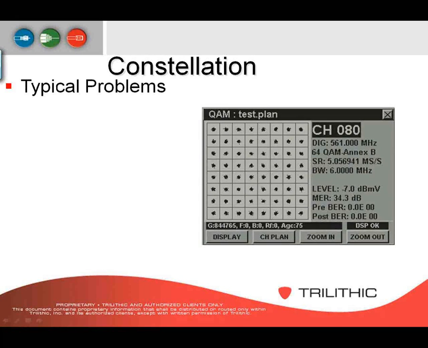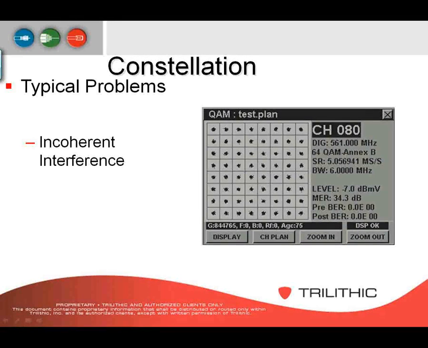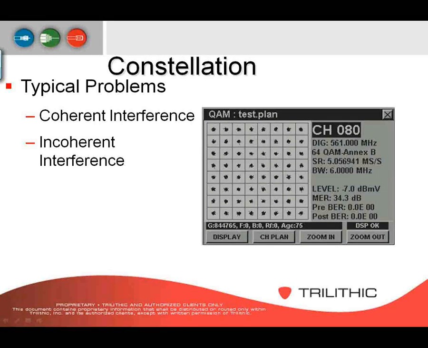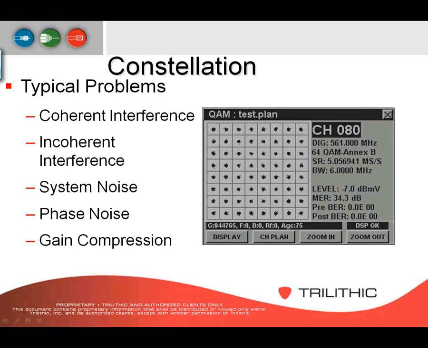So some of the typical problems that you'll run into, or that you can see when you're looking at a constellation, are incoherent interference, coherent interference, and we'll talk about each of these, system noise, phase noise, gain compression, and IQ imbalance.